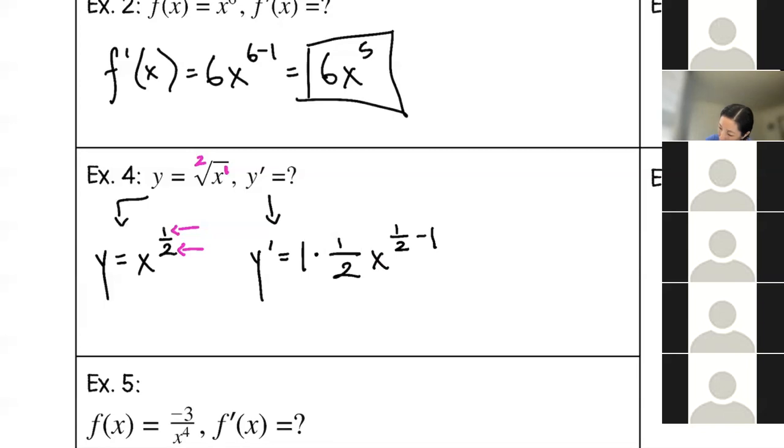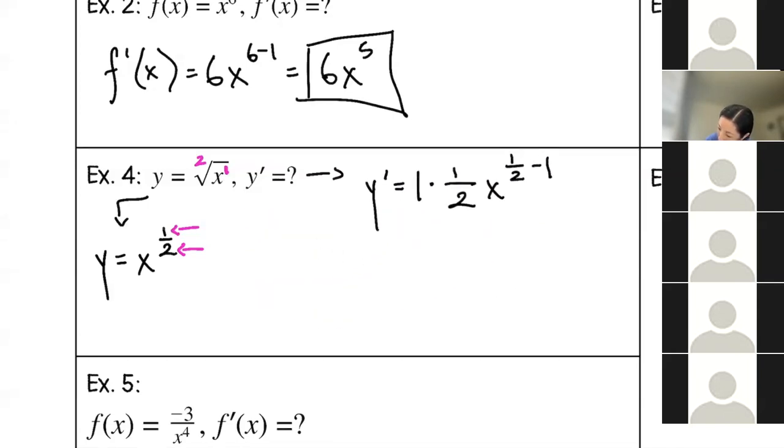And so if we, let's actually maybe write this over here. If we have our derivative and now we simplify, we're going to get 1/2 x to the power of, I think I see it in the chat already, -1/2. All right, so I just want to pause right here for a moment.